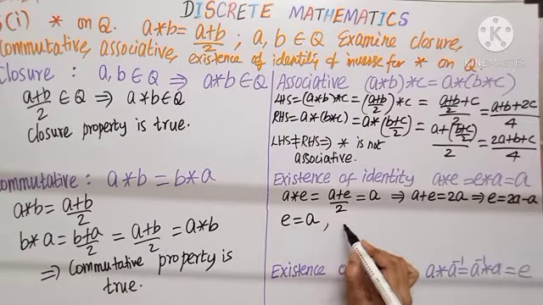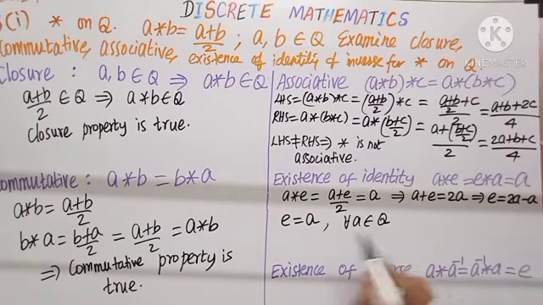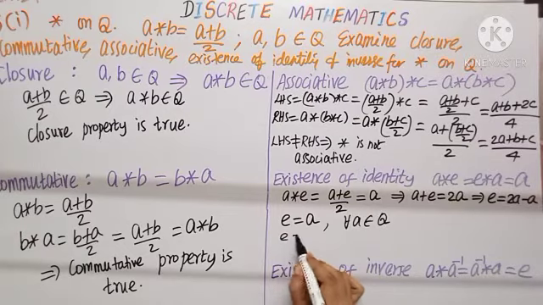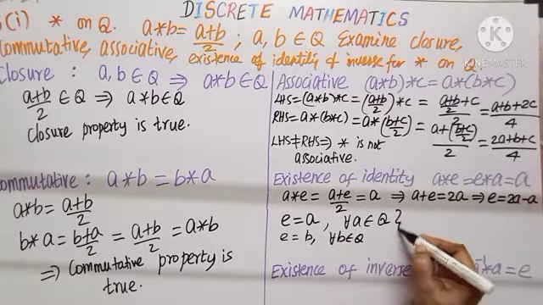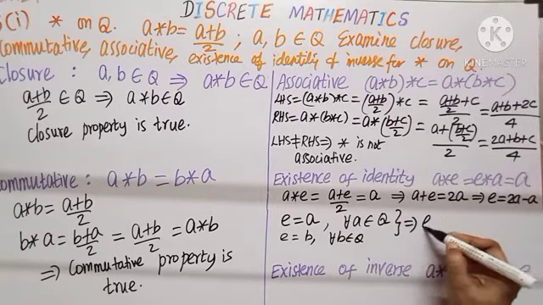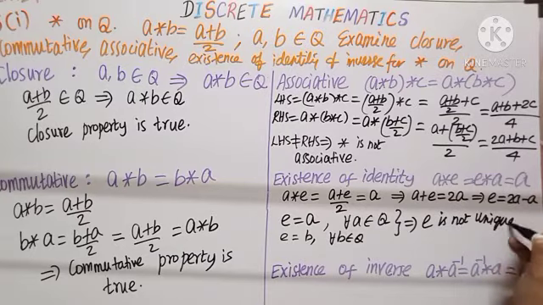So for every A belonging to Q, if E is equal to A, the next time E will be equal to B for every B belonging to Q. What does this tell me? E is not unique. In a particular problem, identity should be unique.